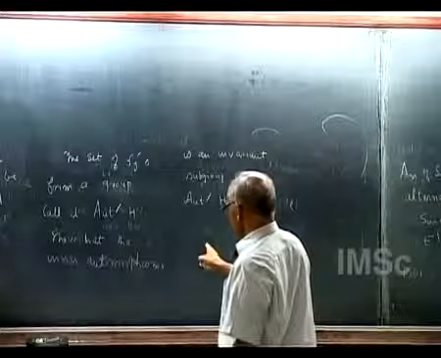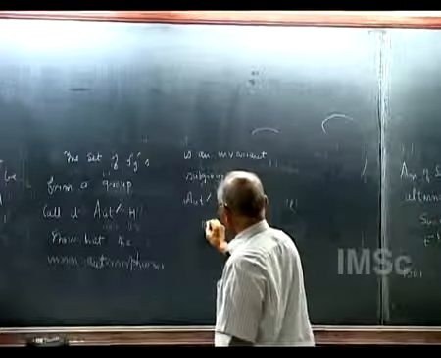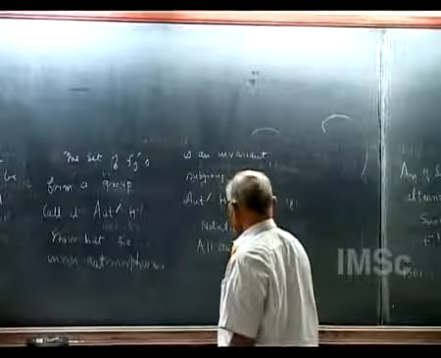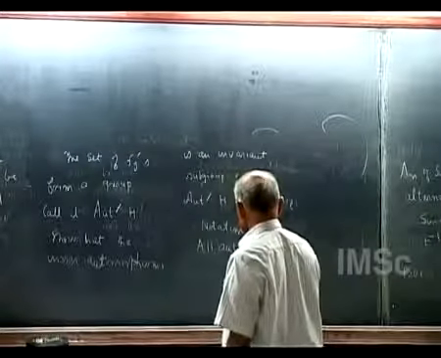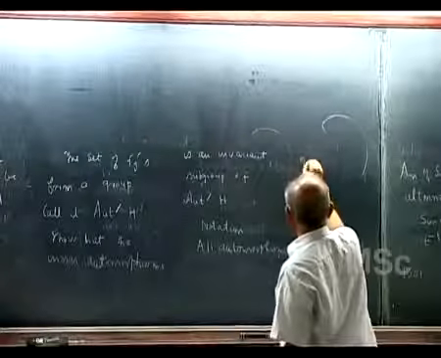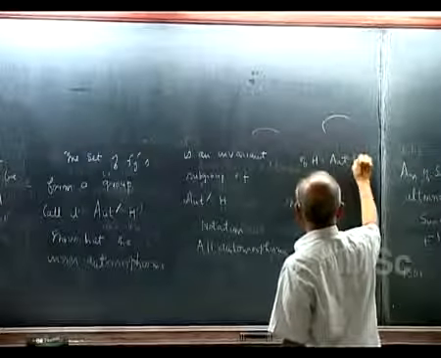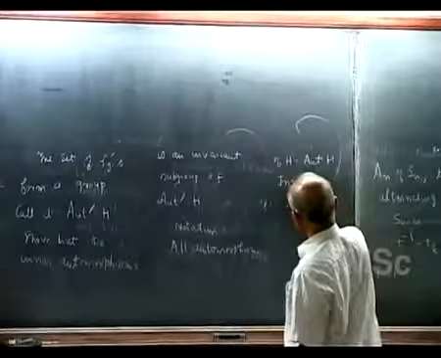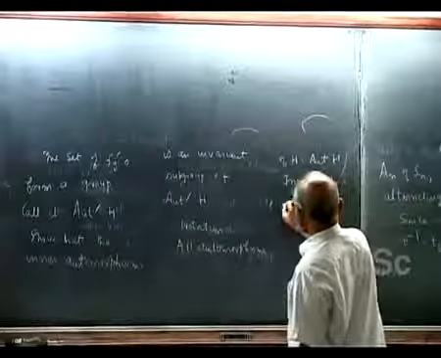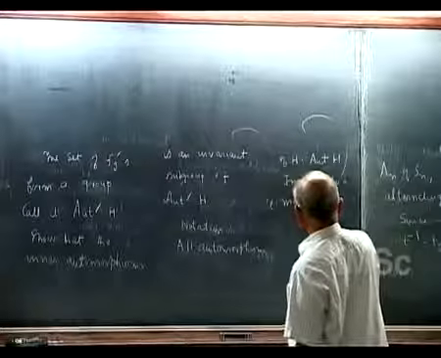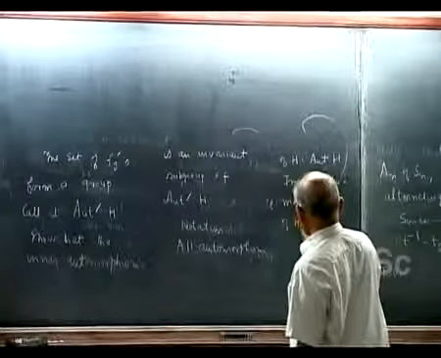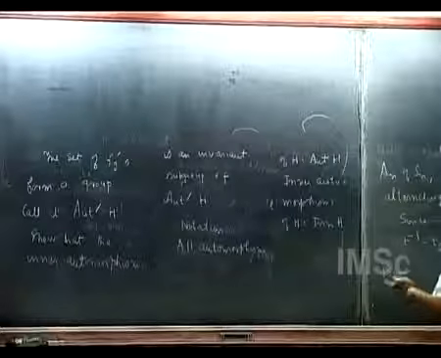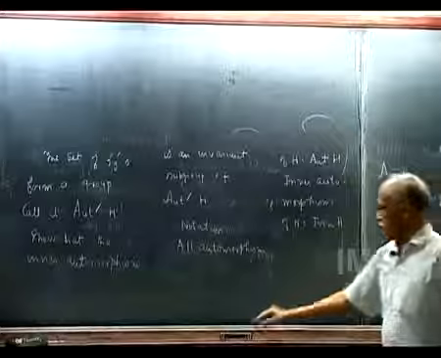The notation, just for completeness: the group of all automorphisms of H is usually called Aut H. The inner automorphisms of H are called Inn H. One can quite generally prove that this is a normal subgroup of Aut H. It is not difficult.